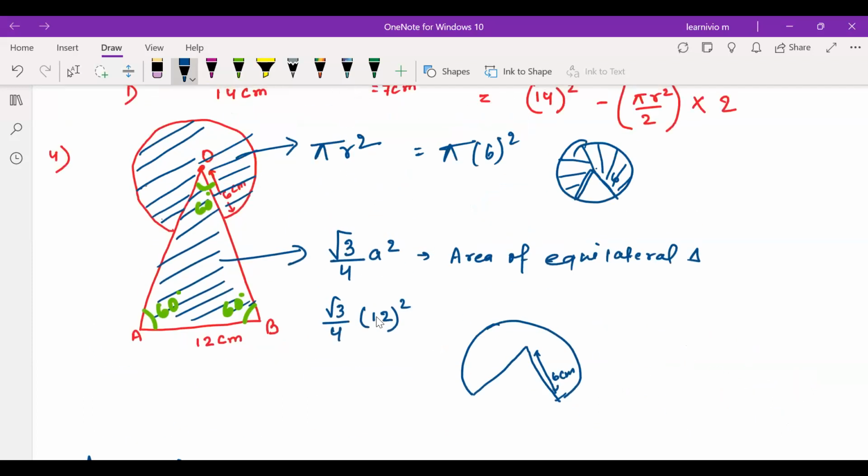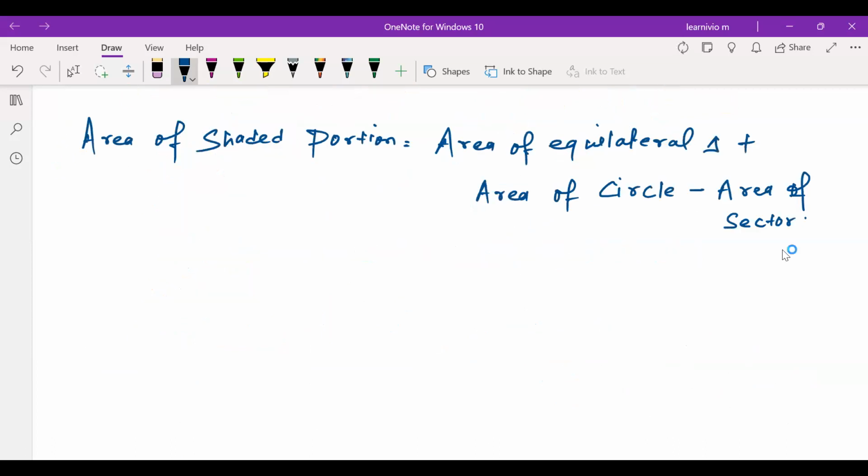Suppose this is the sector you want to take. You can name the sector as OMN. So we are going to subtract the sector's area, that is sector OMN. Is it clear to both of you?